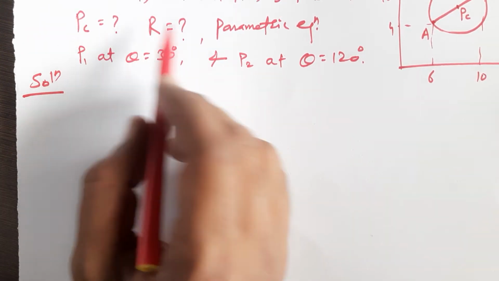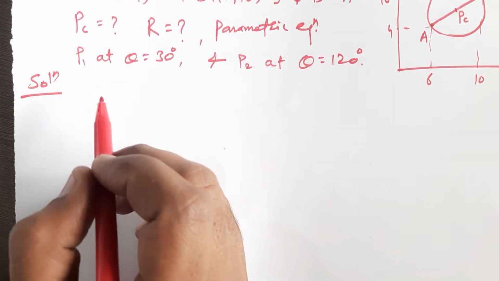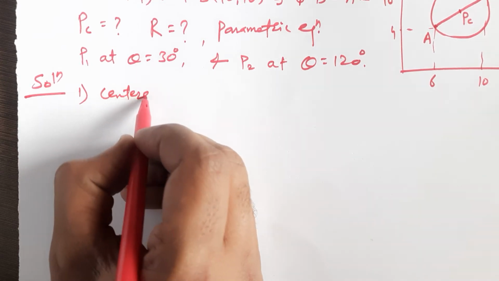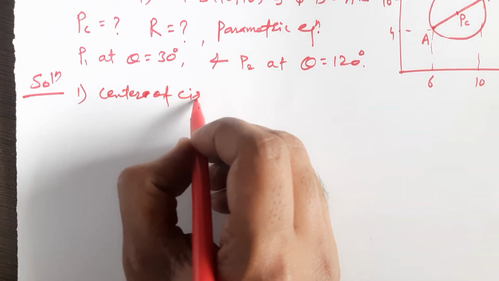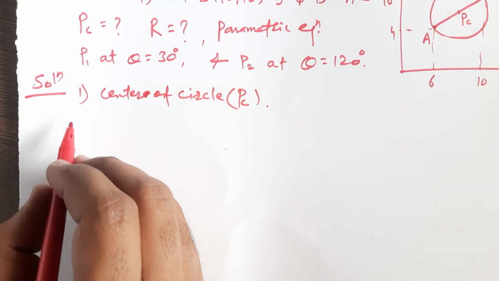Okay, now the solution. First is the center point. So the center point of the circle we need to find. So number 1, center of circle. Okay, so let us say PC, the coordinates of PC we need to find.